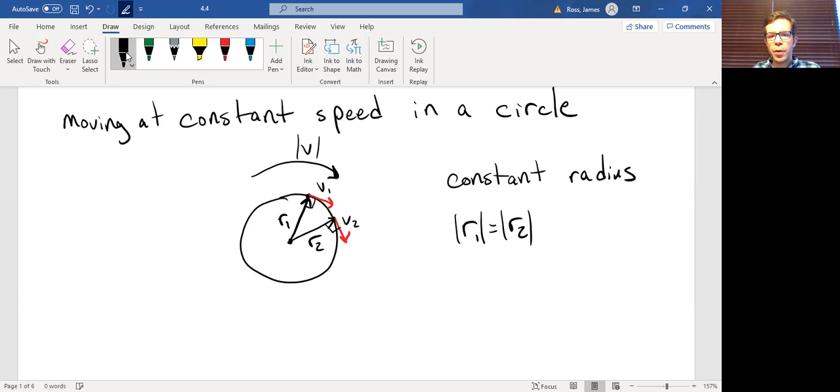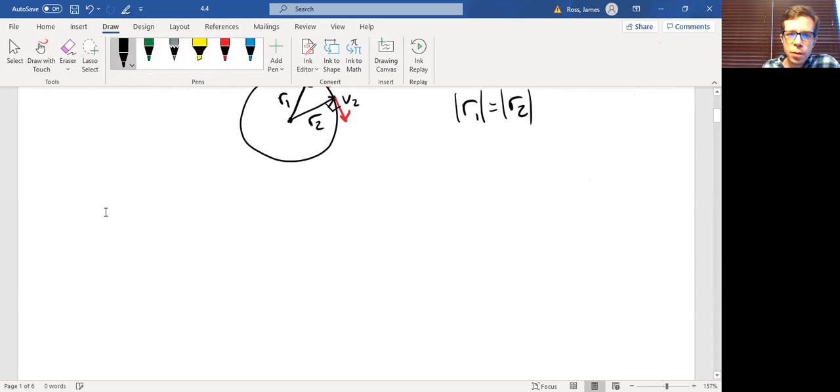So because each of those are perpendicular, we can now draw our vectors in this way.